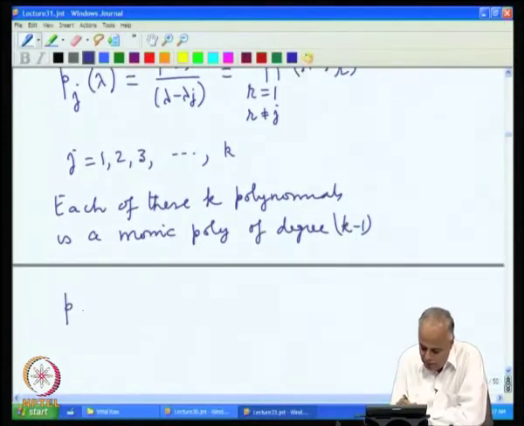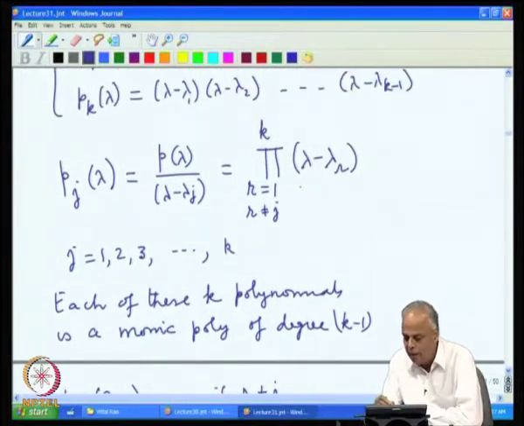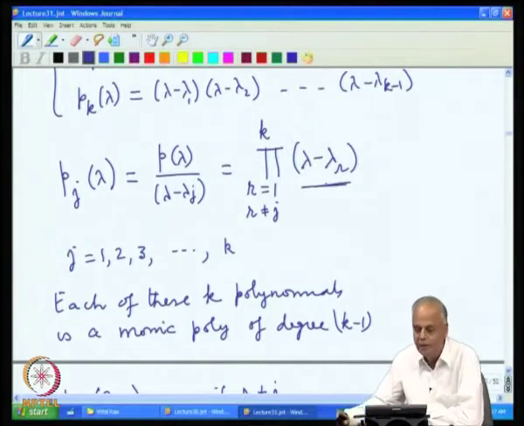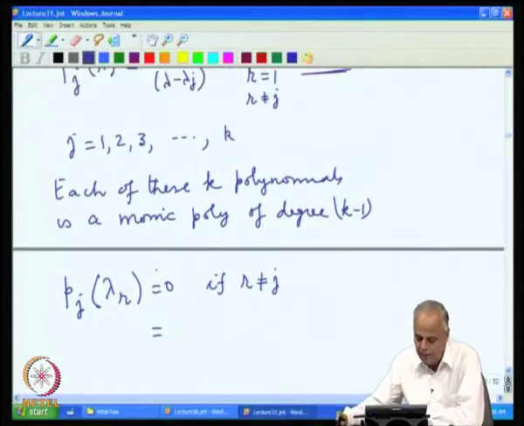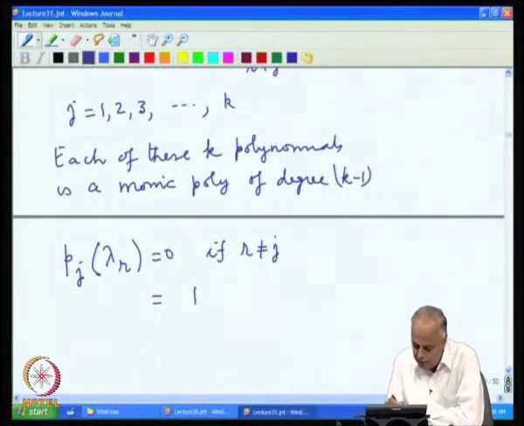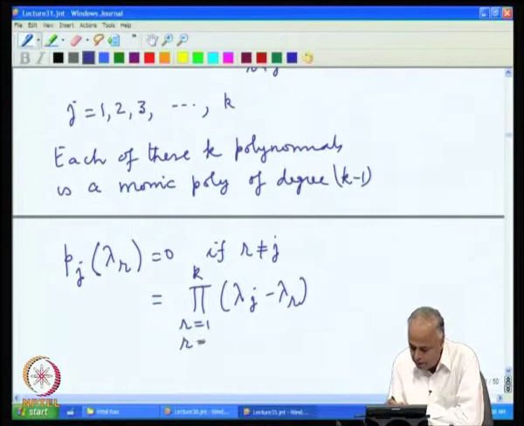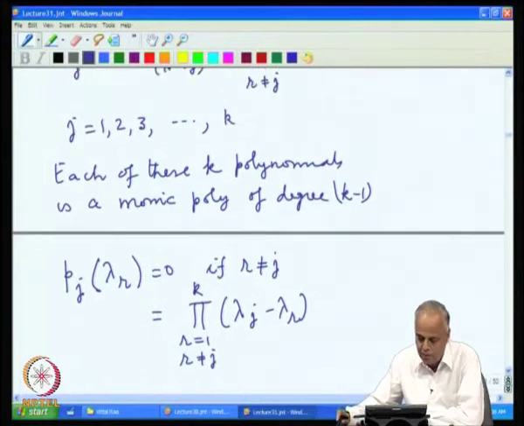So, we have p j lambda r is equal to 0 if r is not equal to j. If r is not equal to j, that factor will appear here and therefore, p j lambda r will become 0. But if r is equal to j, what will happen here? We will have lambda j minus lambda r, none of these factors vanish, and we get the product over r equal to 1 to k, r not equal to j.